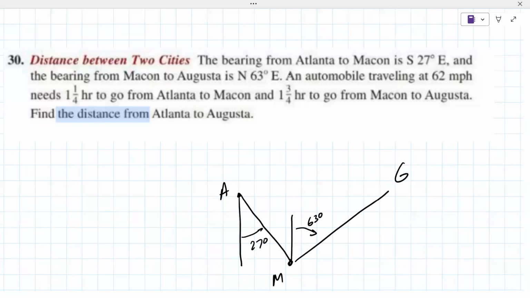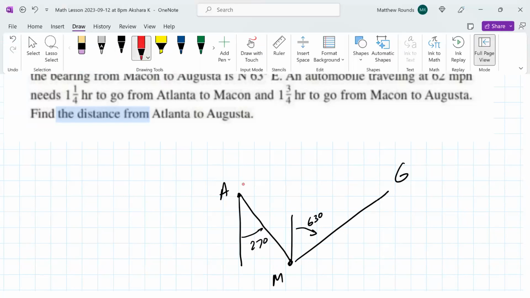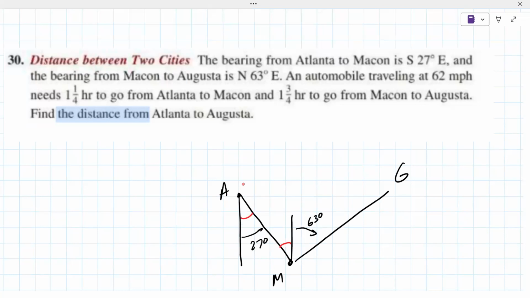I guess I'll use G for that. I don't like this problem because the angles that you're missing, this angle right here and this angle right here, are equal by alternate interior angles, which is good. That means it's 27 degrees, but the whole thing is then 90.